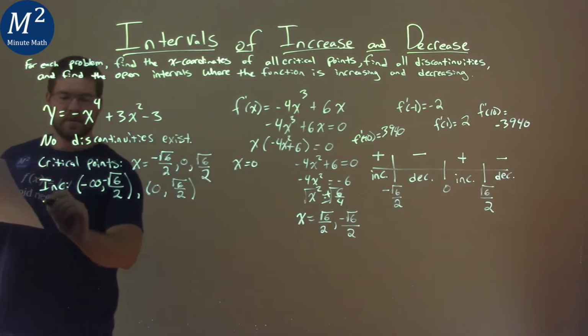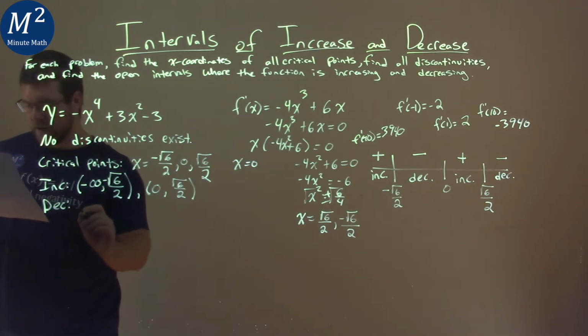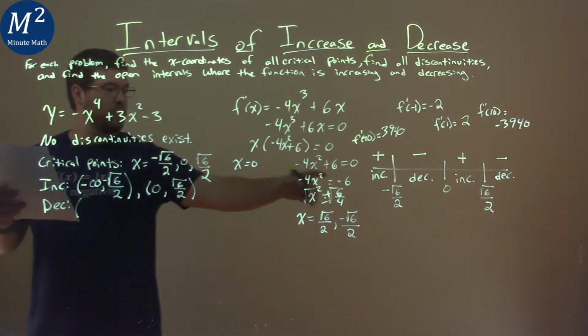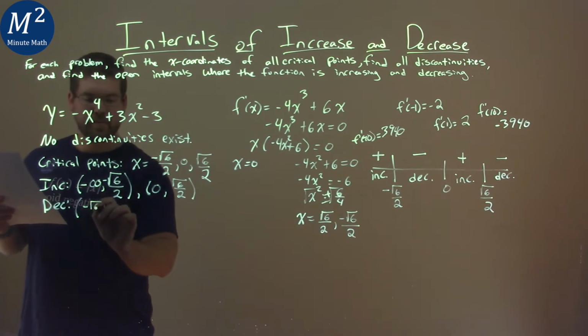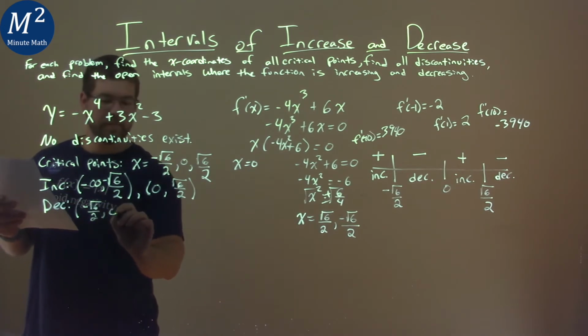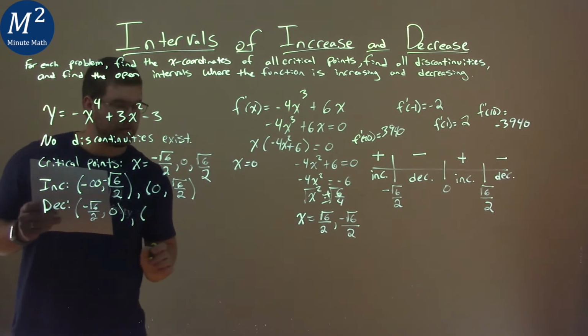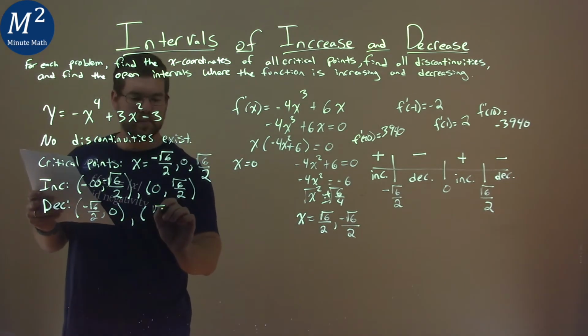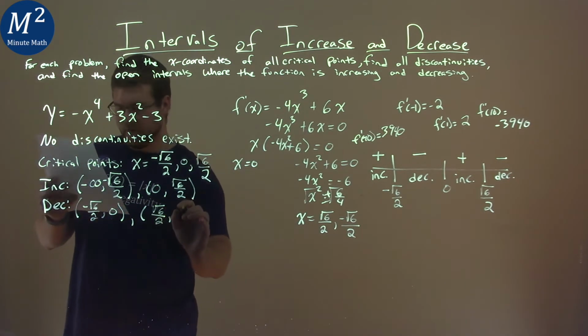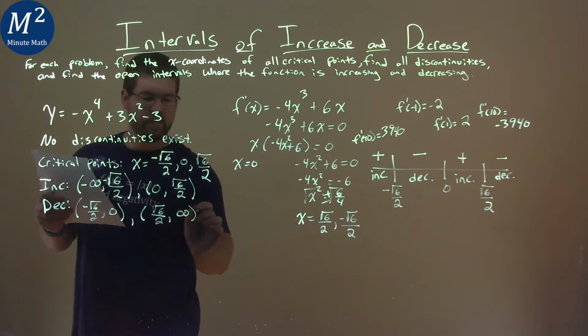We are decreasing on the interval from negative square root of 6 over 2 to 0, and from square root of 6 over 2 to positive infinity.